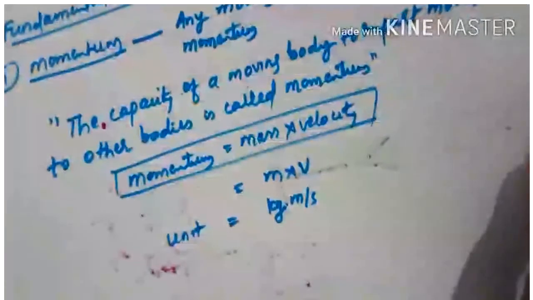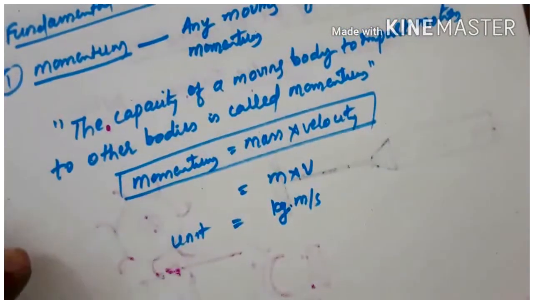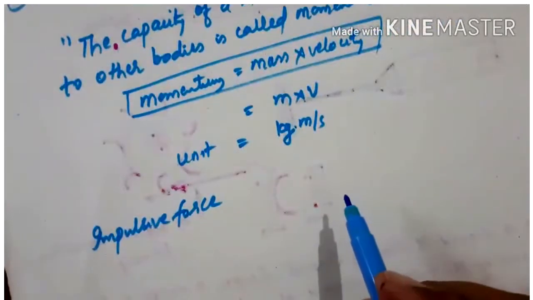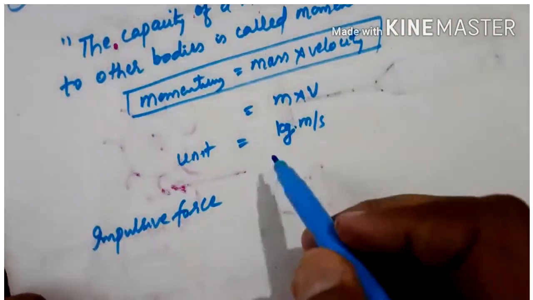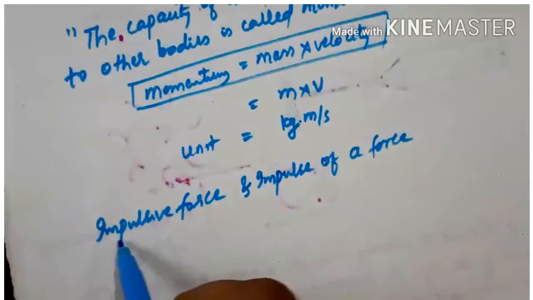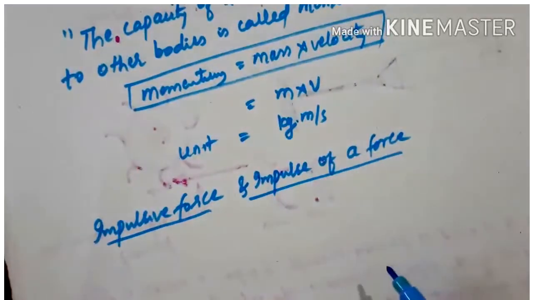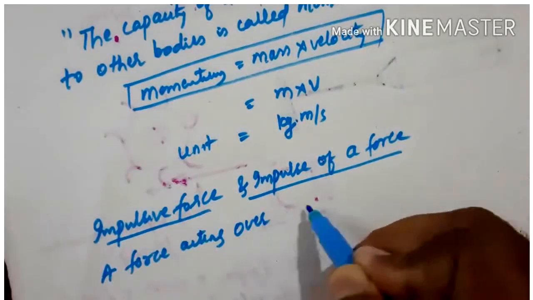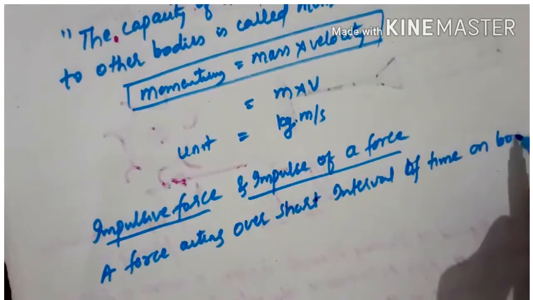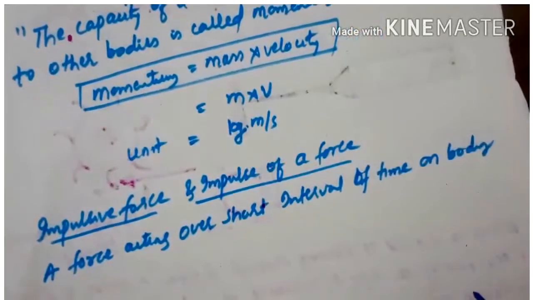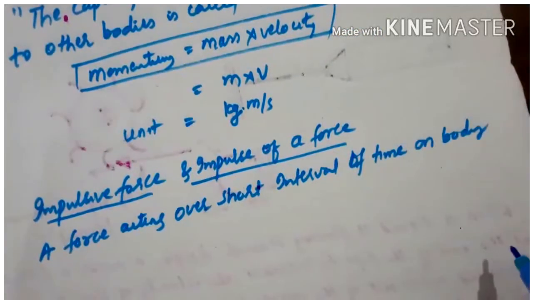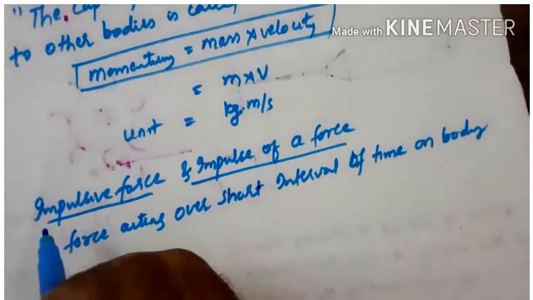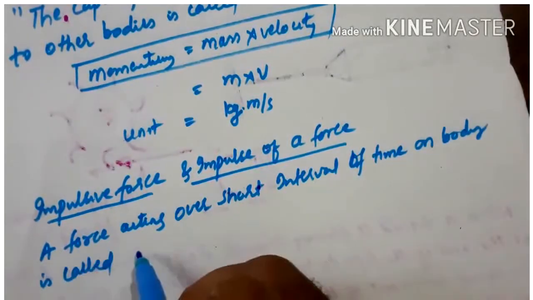Then another term is impulsive force and impulse of a force. This is very, very important. A force acting over a short interval of time on a body is called impulsive force.